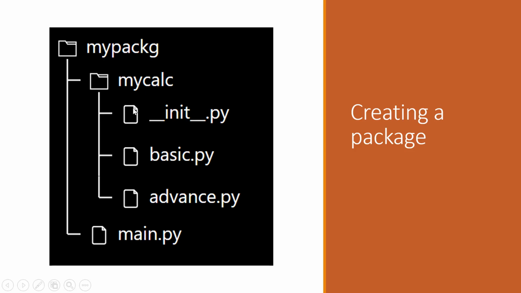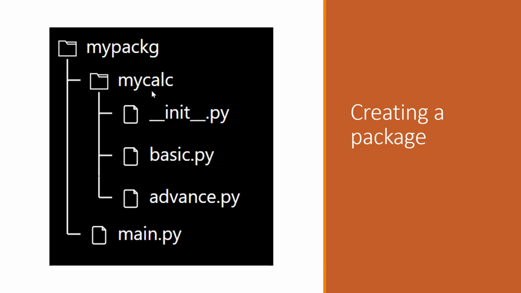Within mycalc we will create three files. This init file will be utilized to interpret this mycalc directory as a Python package, and we will utilize the basic.py file and advanced.py file as modules. Then we will create one more file, main.py, in this mypackage directory, and we will utilize various functions or modules defined in this mycalc package.